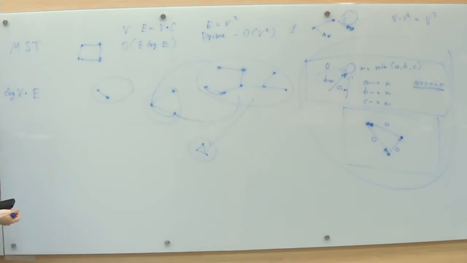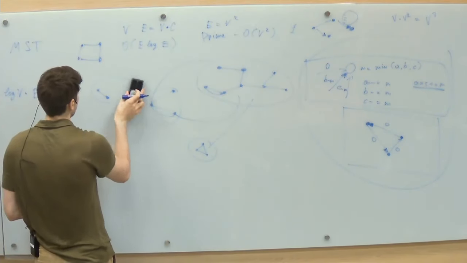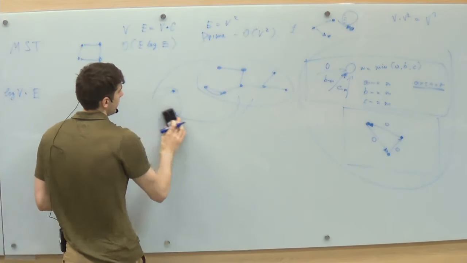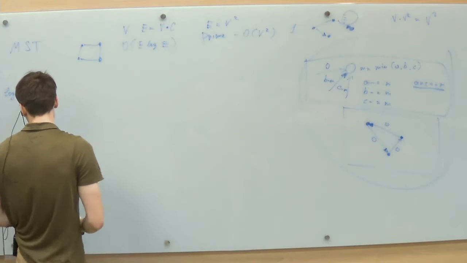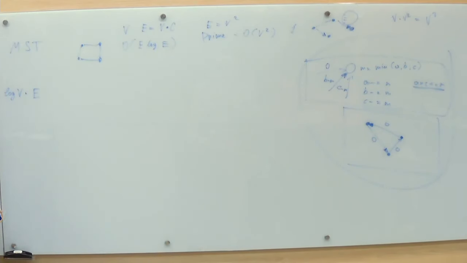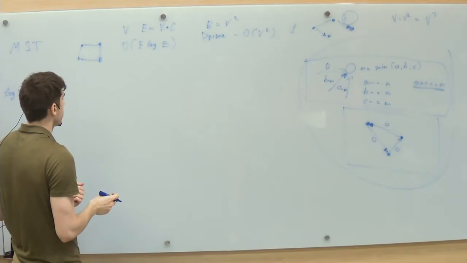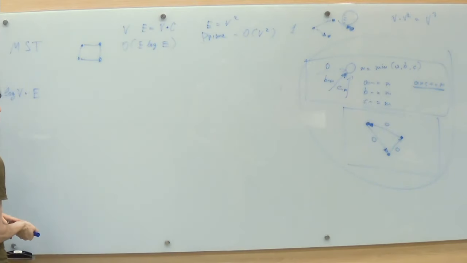But I think it can be improved even more. For example, what if we do not use only Boruvka's algorithm, but make several steps of Boruvka's algorithm, and after that finish with another one.